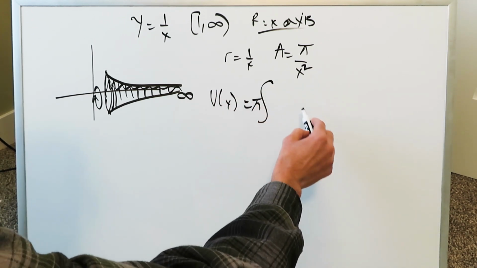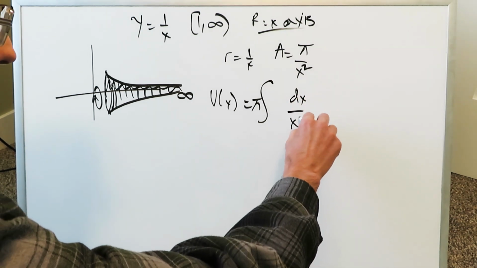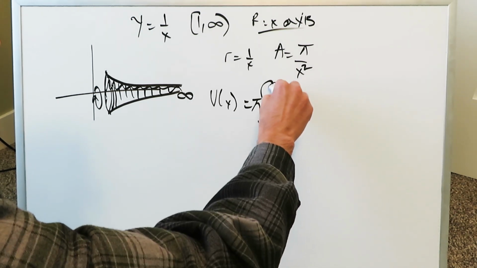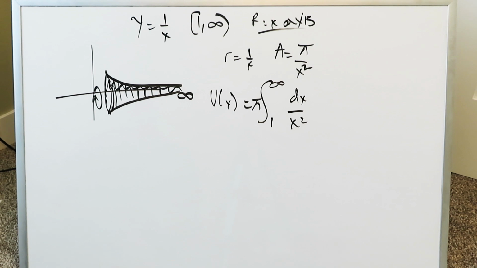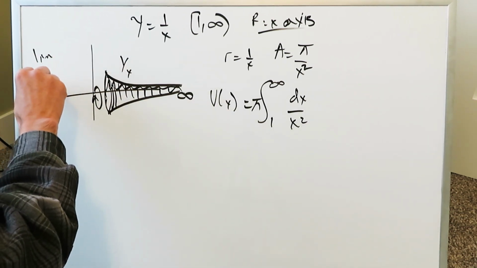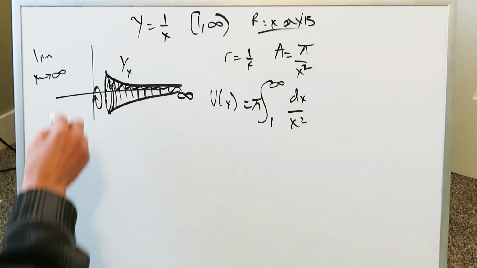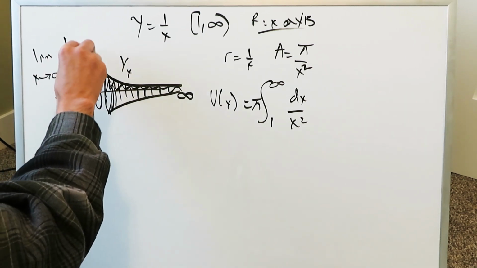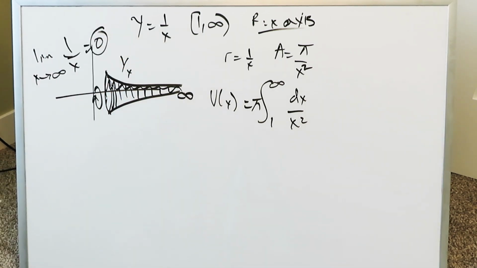With a pi sitting outside, you have a dx over x squared, and then you have from here 1 up to infinity. And think about it, if you were looking at this function 1 over x and you do limit as x approaches infinity, 1 over x, you know very well it equals 0. The limit is indeed possible here at infinity.